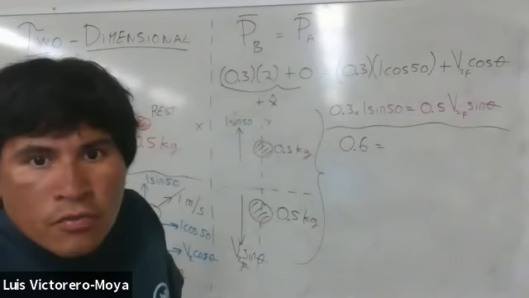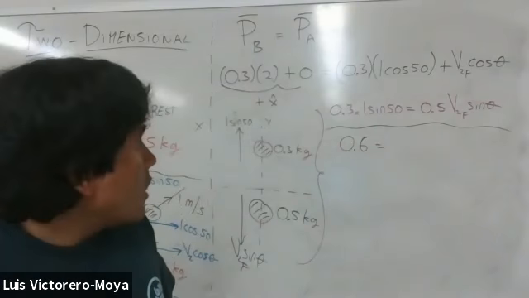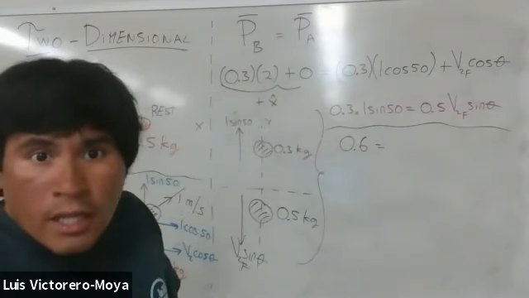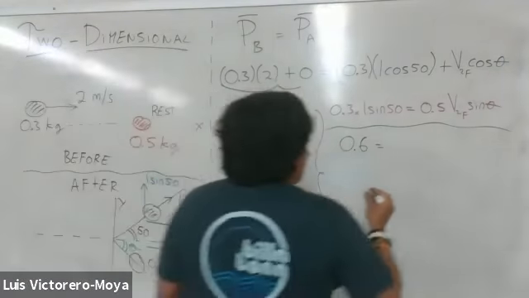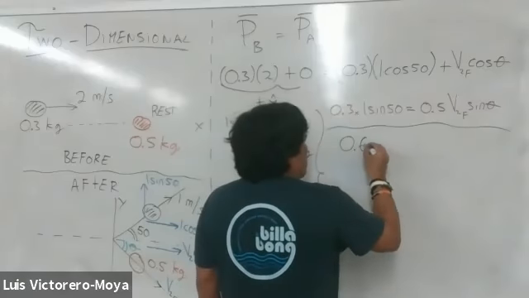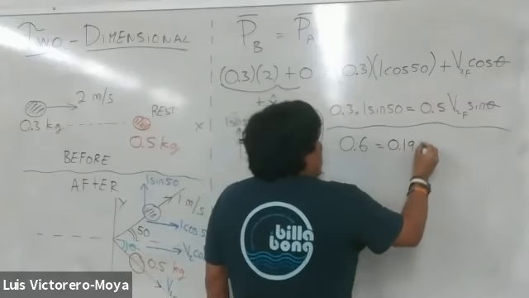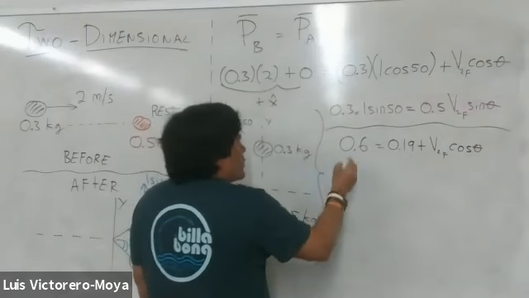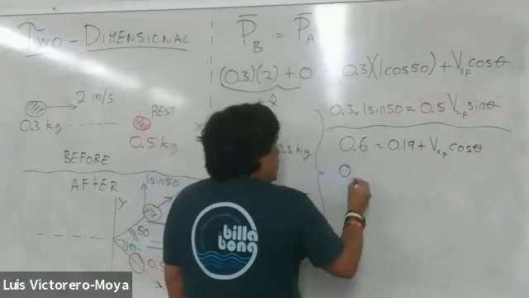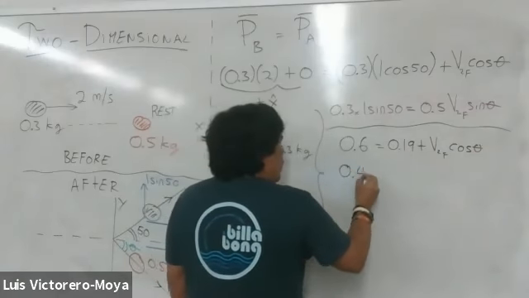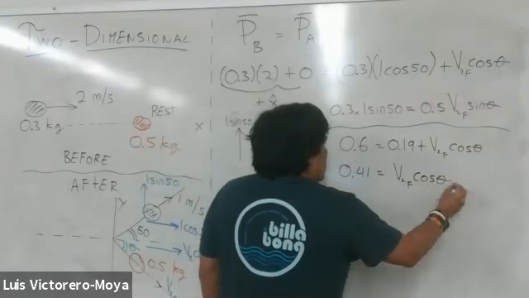So cosine 50 is 0.64 times 0.3, that's 0.19. So 0.6, 0.19 plus V2 final cosine theta. If I do this, that will be 0.41. So 0.41 equals V2 final cosine theta.